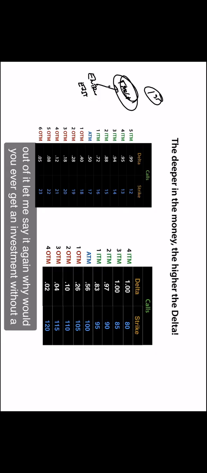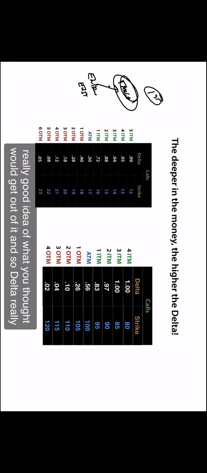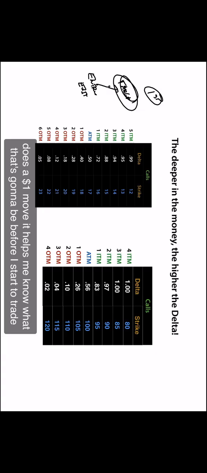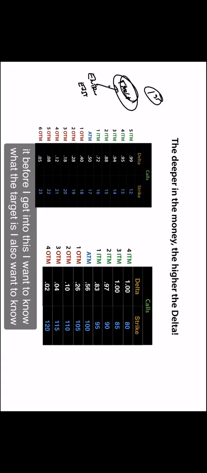And so delta really helps us predict what this option will do if the stock does a $1 move. It helps me know that before I start to trade it. I want to know what the target is.